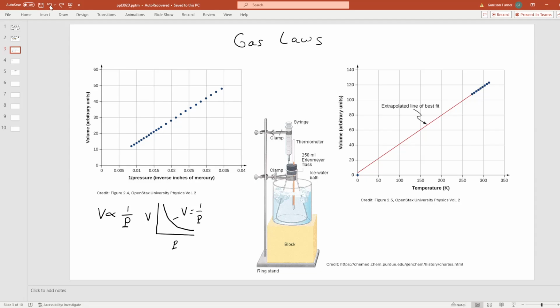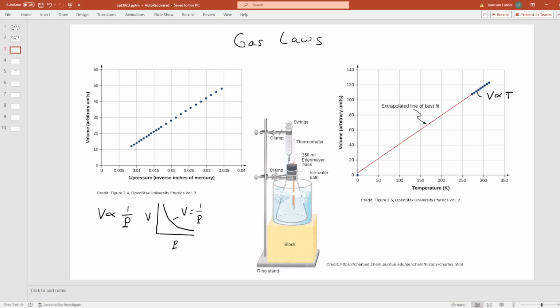And then what you find, if you do a similar experiment with temperature instead, is that this is linear. So you put a gas in a container with a thermometer, and you then change the temperature through various means, either exposing it to a heat bath or an ice bath, and you can watch the volume change.